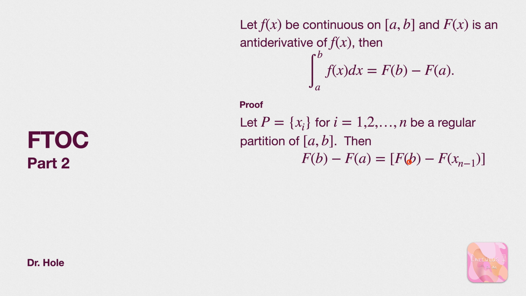So let's see what's going on here. These do not match up. All right, we're going to have to fix that. So capital F of B matches with capital F of B, but minus F of A is not appearing.